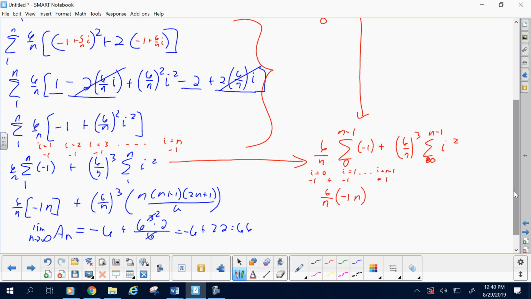Now, the next part is a little less obvious. This formula is predicated on it starting at 1 and ending at n. This one doesn't start at 1 and end at n.